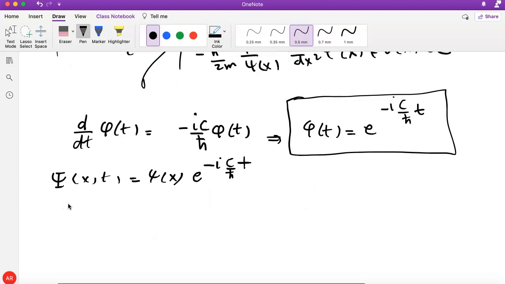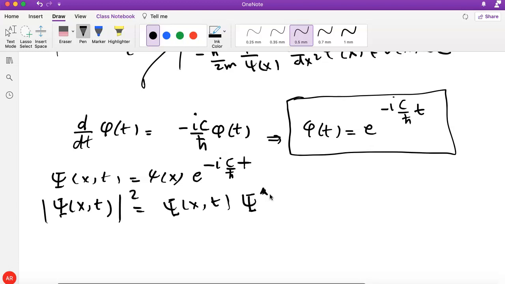Okay, so what is the probability distribution? It's the absolute value of this squared, which is psi of x and t times its complex conjugate, right?